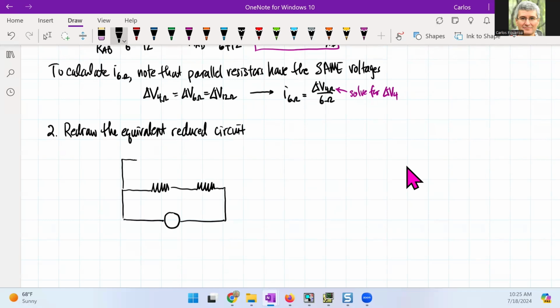And then I have a second resistor, or second branch, I should say. And so this guy now is my 4 ohm. This is still my 4 ohm. This is my 3 ohm, and this is my 5 ohm. And so what I'm seeing here is that now we want to calculate that guy, and we want to calculate this one right here.